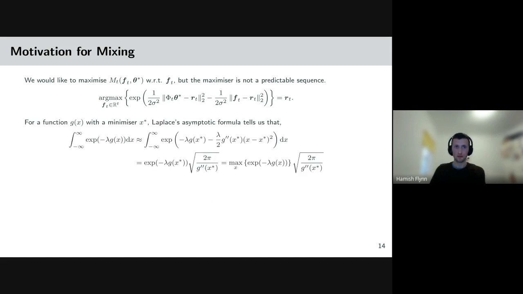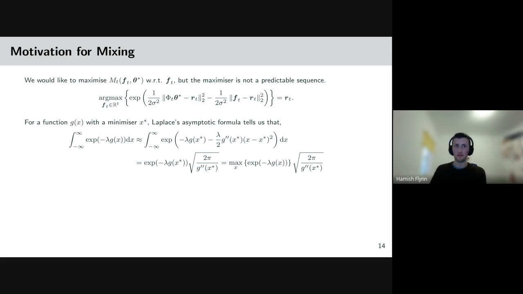So a solution is to average over lots of sequences of predictions. And if we were integrating some other function, say e to the minus lambda g of x for some function g of a single variable, which has a minimizer at x star, then Laplace's asymptotic formula relates this integral to the maximum of e to the minus lambda g of x.